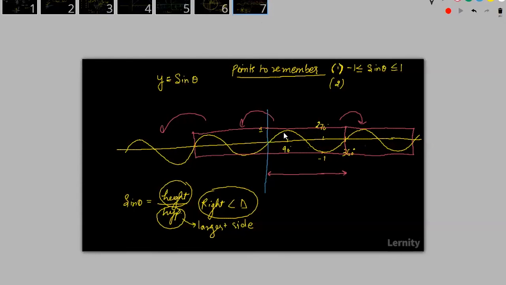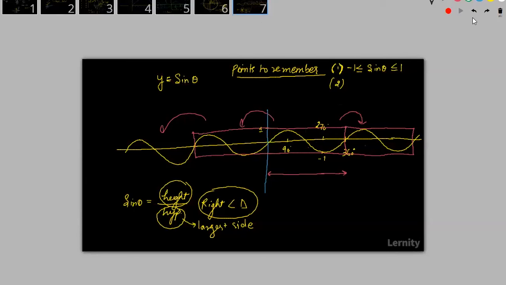Suppose if I'm making a different box, like this, I can again copy here, it will become same. Understood? So basically this means that sine function is repeating itself.